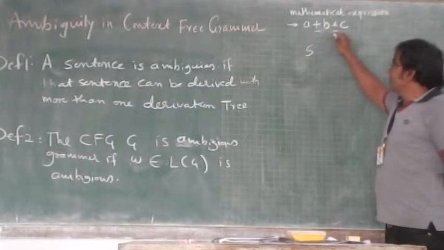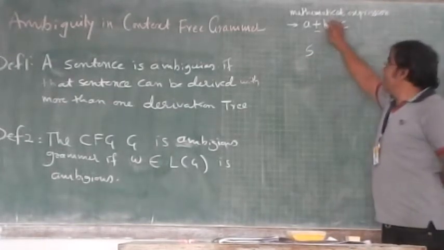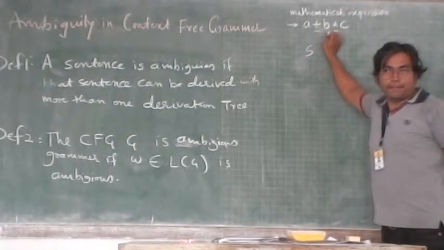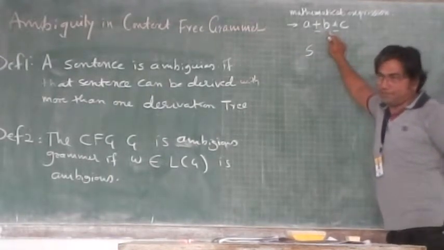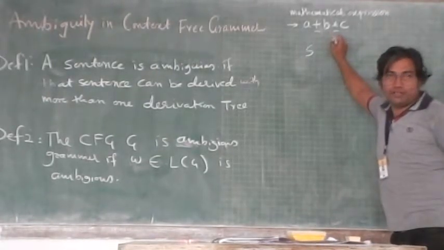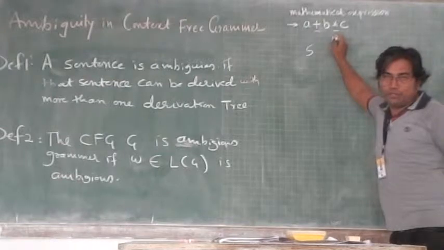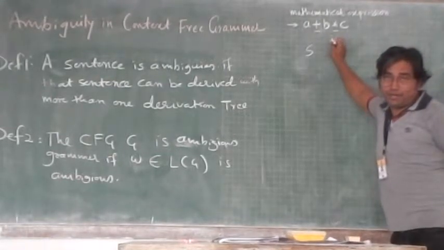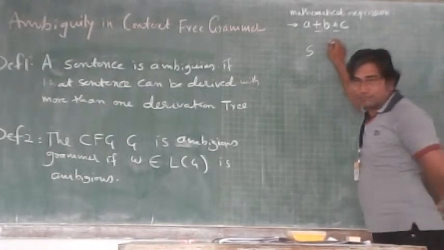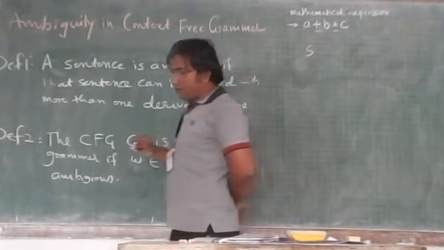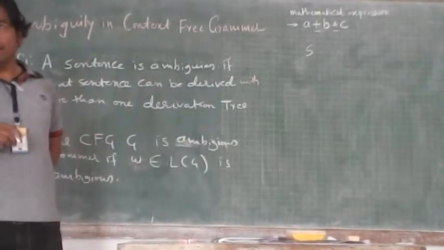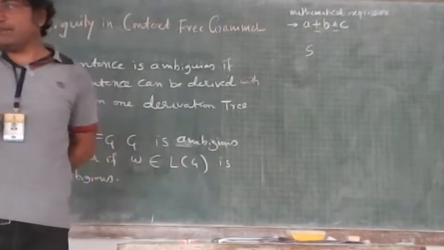All possible sentences or all possible mathematical expressions with plus sign, addition and product. For these two operators, is it possible to design a context free grammar? Try and see. Design the context free grammar for the mathematical expression involving two operators, addition and multiplication.